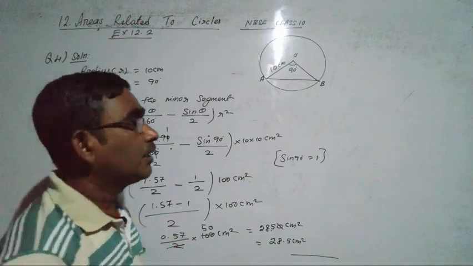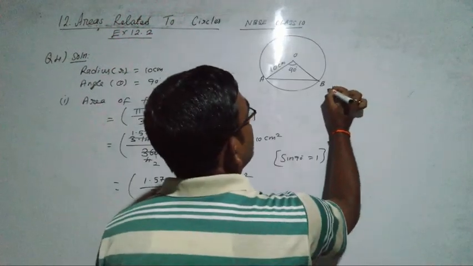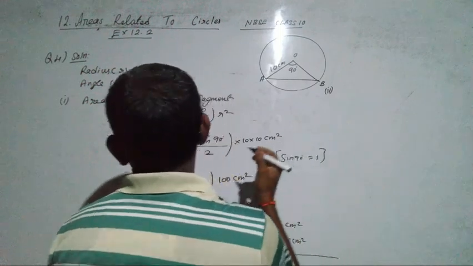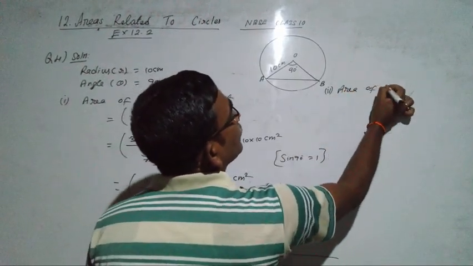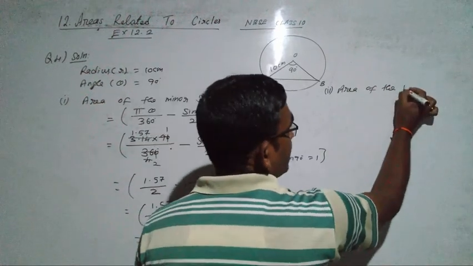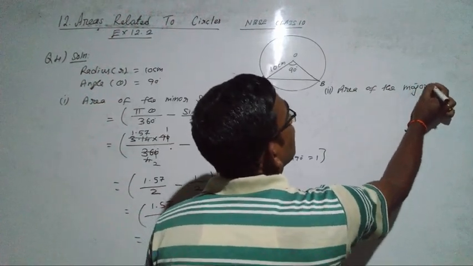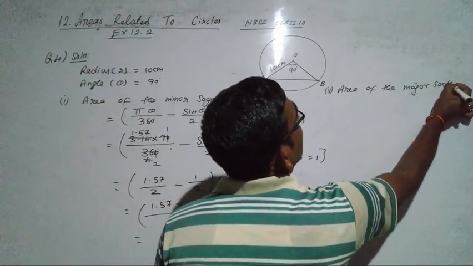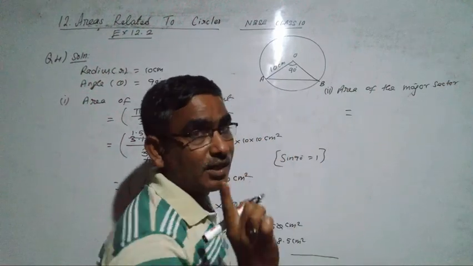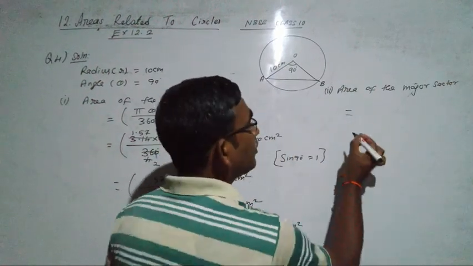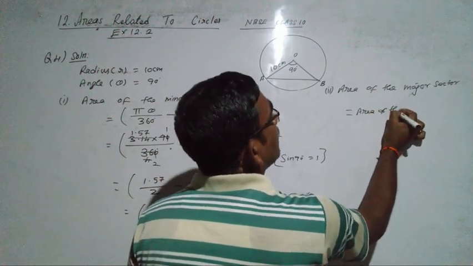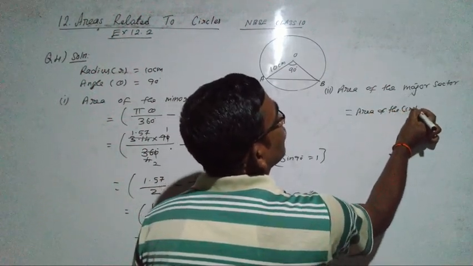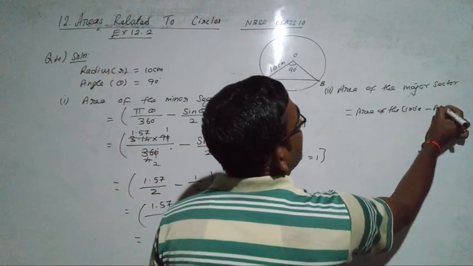Now I'll go for area of major sector. So second one, number 2. Area of the major sector, not segment, it is sector. So area of the major sector equal to area of circle minus area of the minor sector.